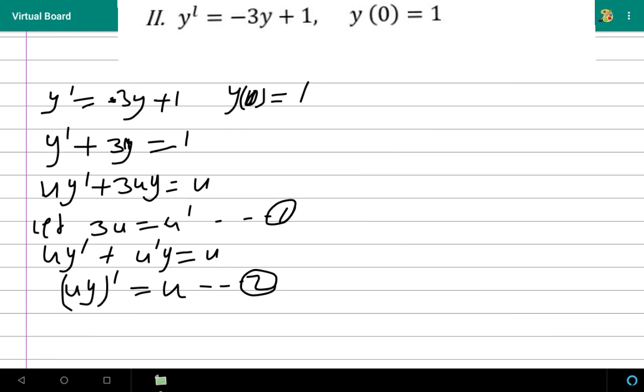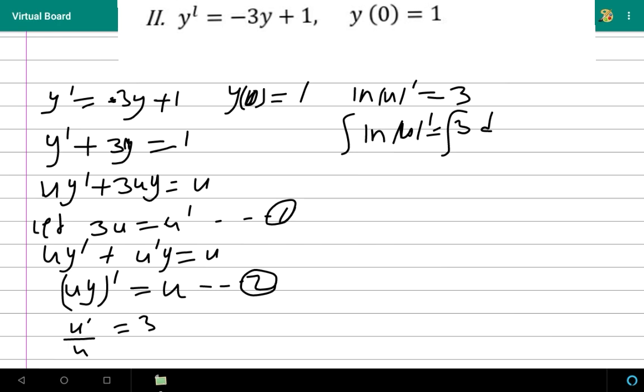But from equation 1, I have u prime over u to be equal to 3. Taking ln on it, so I have ln u prime to be equal to 3. So you take the integral on both sides, and this is with respect to t, okay? So I now have ln of u, so the prime goes with the integral sign and leaving only ln u to be equal to 3t, okay?